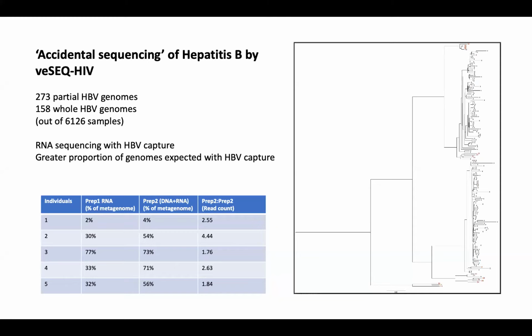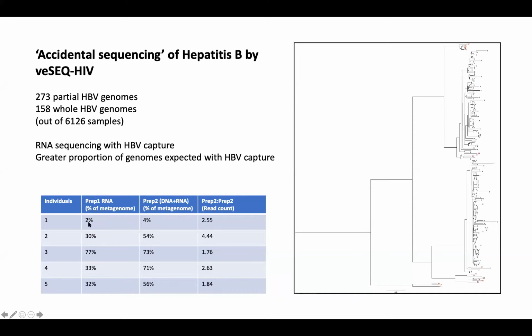I guess our theory is that what we're detecting there is the pregenomic RNA in the plasma samples. We have one data set where we've looked at the same samples using an RNA-only method and an RNA plus DNA method of generating the libraries, which is the method that generated the data that Tanya was talking about.